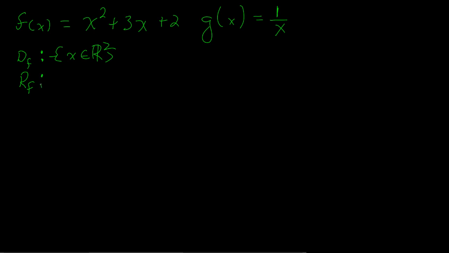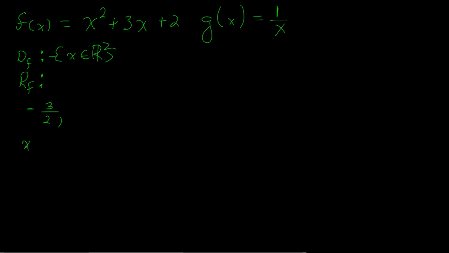And so the range of F. Well, this has a vertex, right? And that vertex was at -3/2, right? Use negative b over 2a, -3/2. And if we plug -3/2 back into this, right, so I'm using the vertex formula.